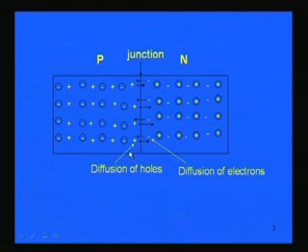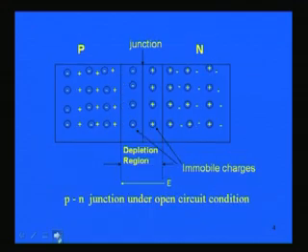Now, as these carriers, holes from the left side, cross over to the right side and electrons cross over from the right side to the left side, there will be recombination of charges, because holes will recombine with free electrons and electrons will recombine with free holes.